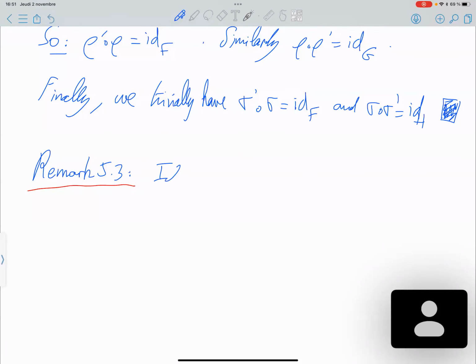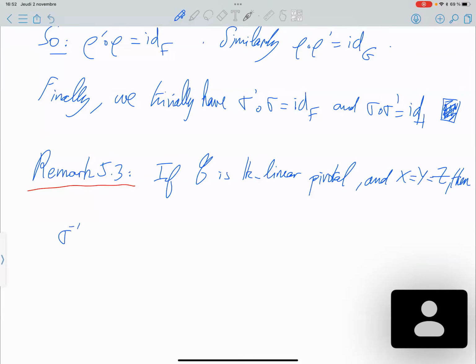If C is k-linear, pivotal, and X equal Y equal Z, then sigma inverse, so sigma prime, composed with rho of alpha.